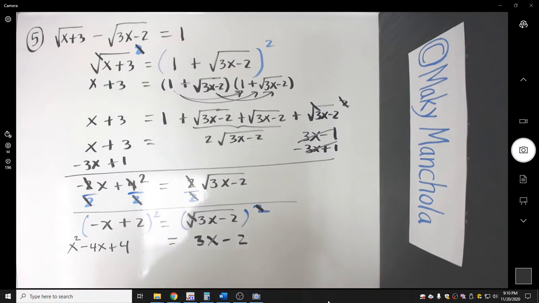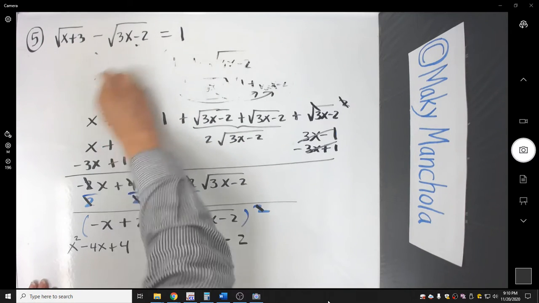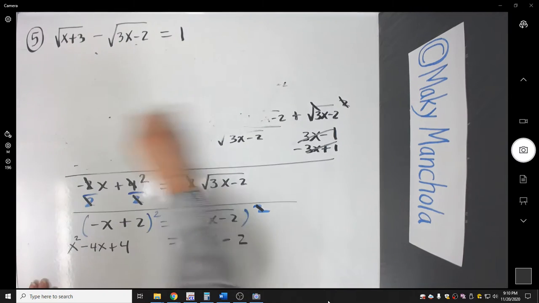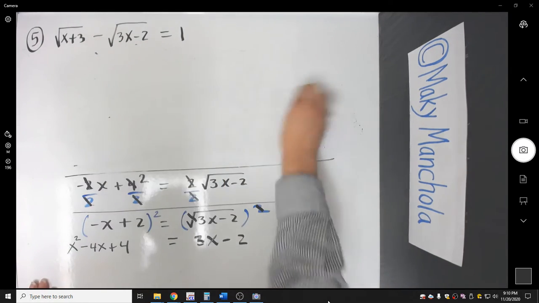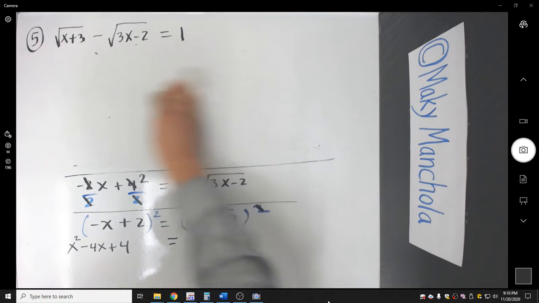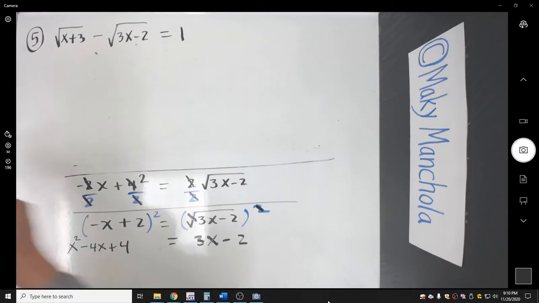I'm going to keep the original equation, so I'm going to erase the middle.